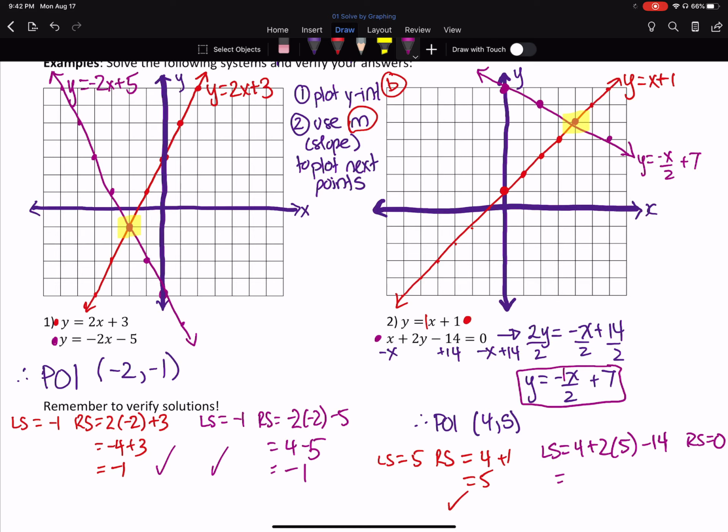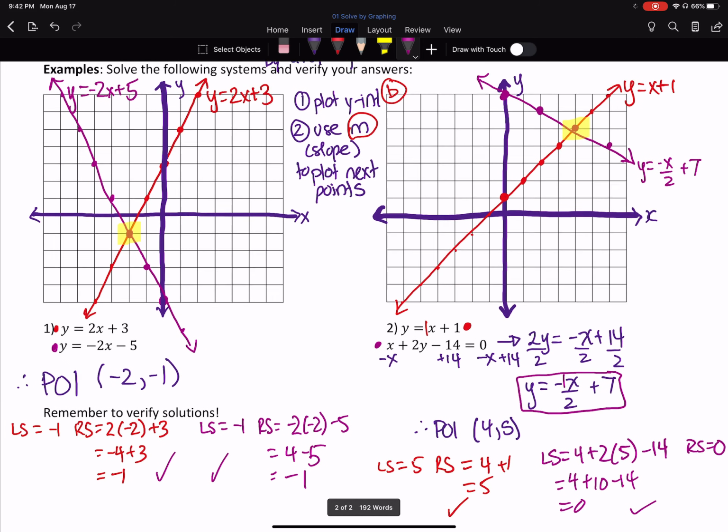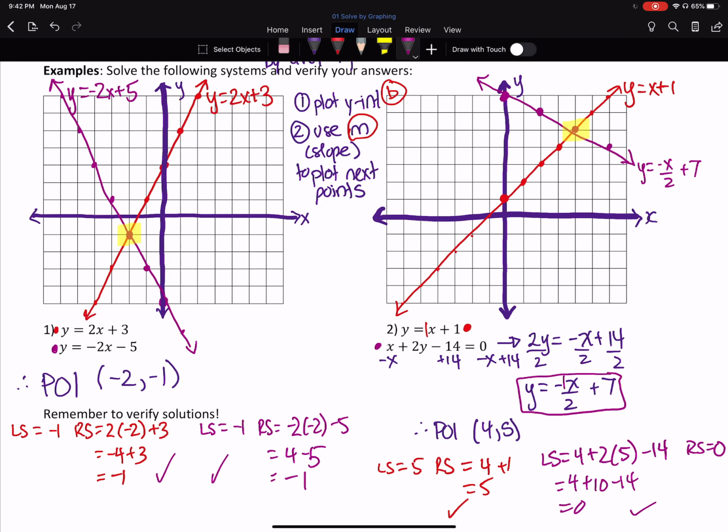So that is 4 plus 10 minus 14, which is in fact 0. So we have found the point of intersection of both lines, and we double checked and showed that we can check using algebra that those are in fact the solutions to our system of equations.